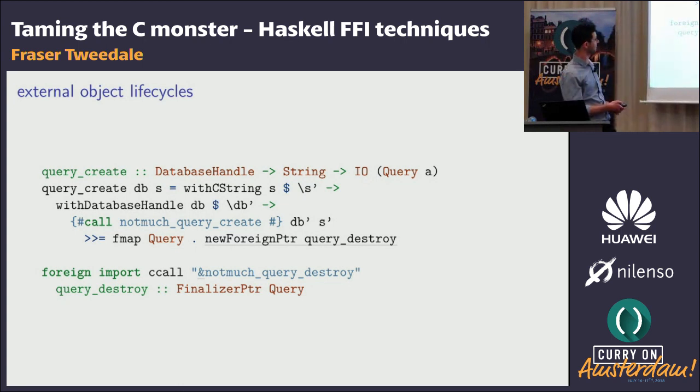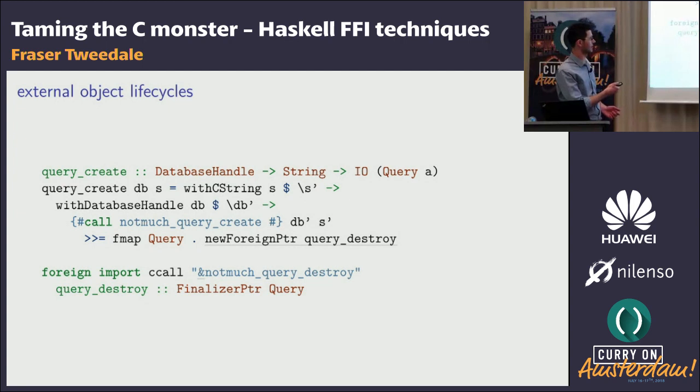We have to use withCString to turn the Haskell string into a C string, with database handle to unwrap the database handle that we have. Then we can call notmuch query create and take its result, lift it up into a foreign pointer, attaching the query destroy destructor to that foreign pointer.